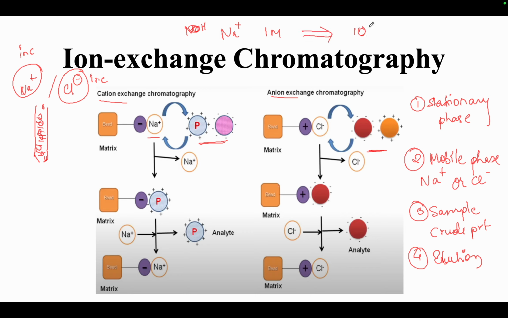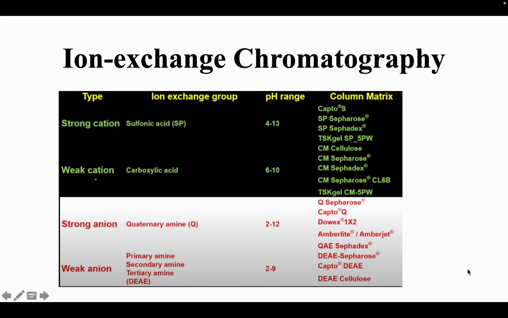Okay, this is just an example. So there will be more Na+ ions, and these Na+ ions will further compete and elute our analyte, or our enzyme of interest. And thus in the elution volume we'll get the enzyme. So this is how we do ion exchange chromatography.